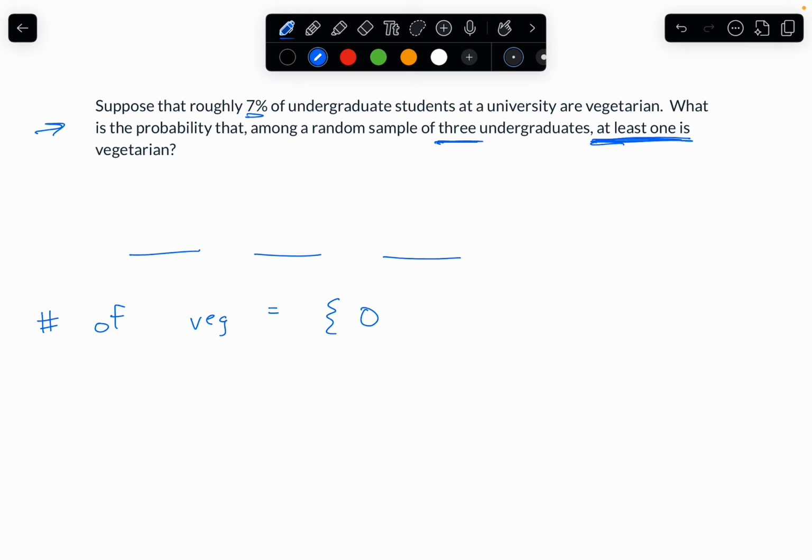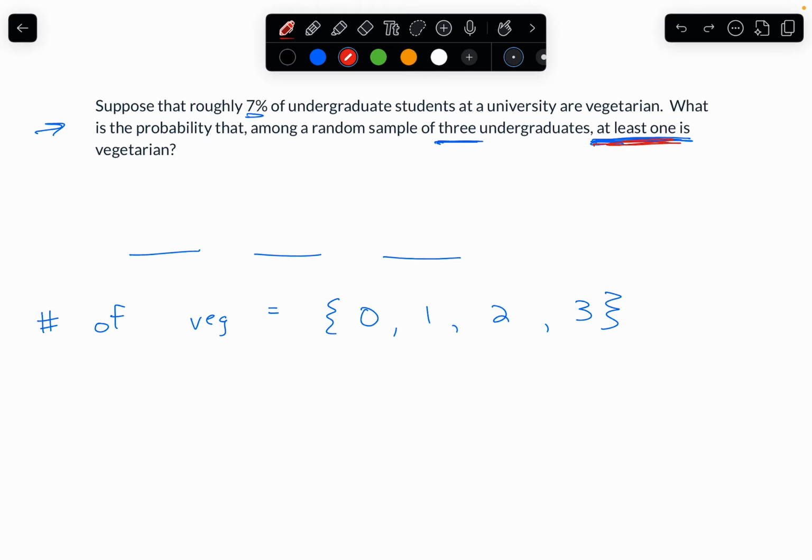Maybe 0 of them are vegetarians. Maybe 1 of them is. Maybe 2 of them are. Or perhaps 3 of them are. I can't have more than 3 in this sample because I only have 3 individuals. So my options are 0 vegetarians, 1 vegetarian, 2, or 3. So this is essentially the sample space for the number of vegetarians that I could have.